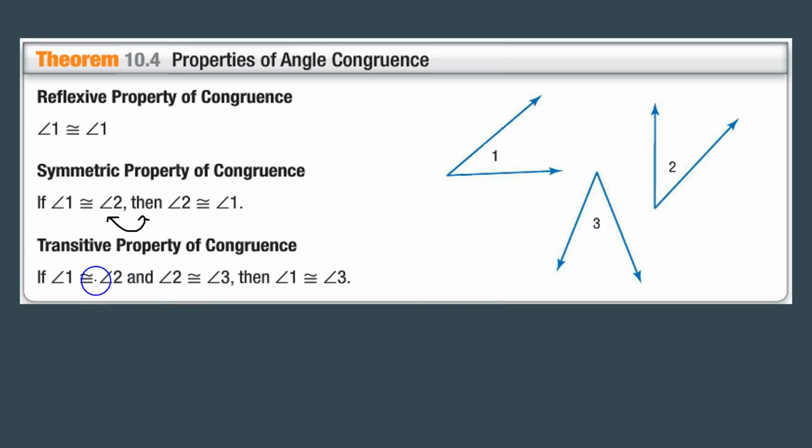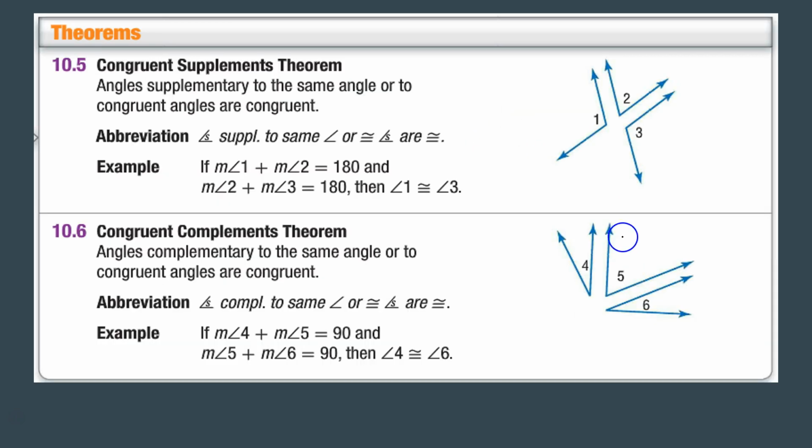What happens is the angle 2 that they have in common is now gone. It goes away, leaving us with angle 1 is congruent with angle 3. Then we have the congruent supplements theorem. Angles supplementary to the same angle or congruent angles are congruent.